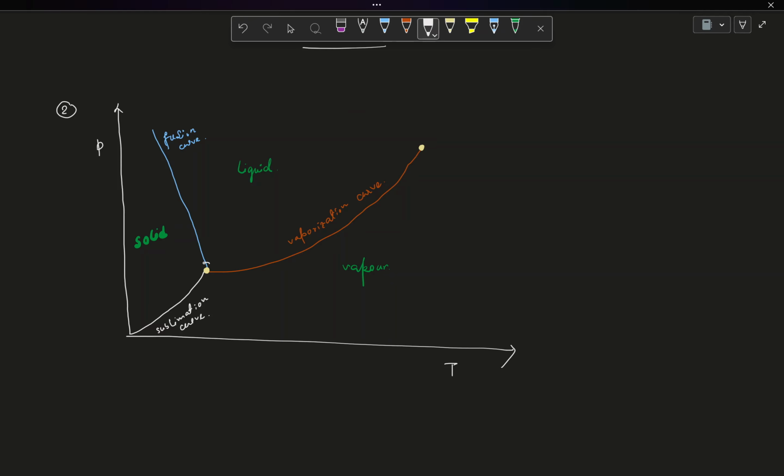So this point sitting over here is your triple point.